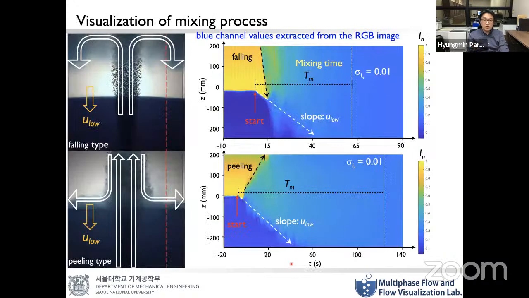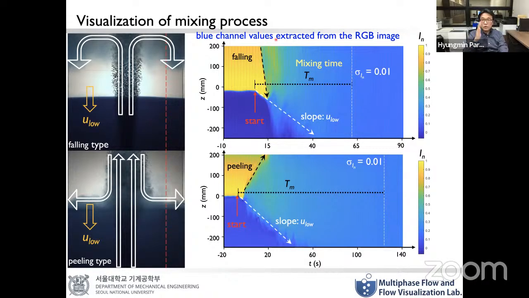So here, this slide shows how we visualized and quantified the mixing process of these two different types of mixing pattern. Since we use the color CCD camera, we can extract the blue channel values. I want to remind you that we intentionally dyed the lower liquid blue, so the blue channel values can be extracted from the RGB image.